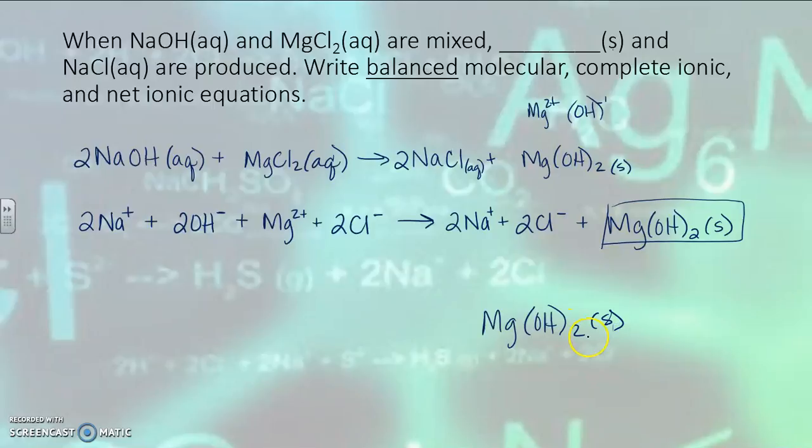And it doesn't always work this way, but sometimes it does. Okay, and then what makes that thing up? Well, magnesium and 2 hydroxides. Okay, and you get the same thing by crossing out the like terms. There you go. And it doesn't matter if the 2OH comes first and the Mg comes second, or if it's written this way. It's still the same thing.